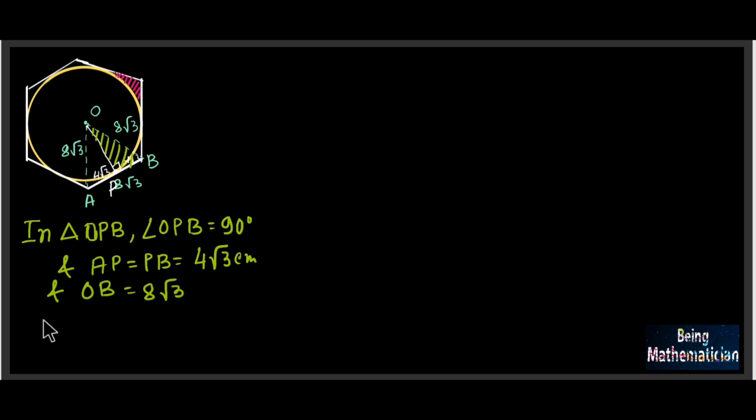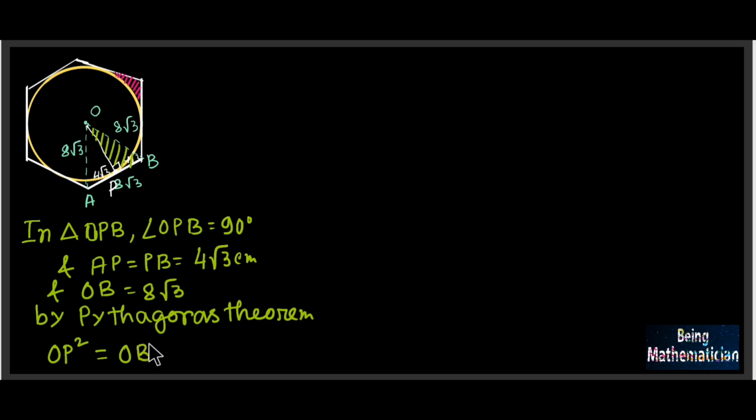Now by Pythagoras theorem, we can say OP square is equal to OB square minus PB square.